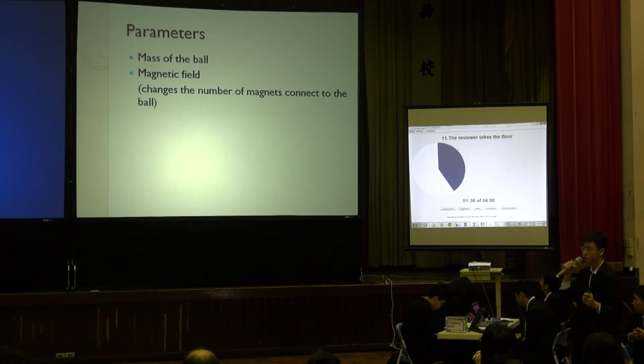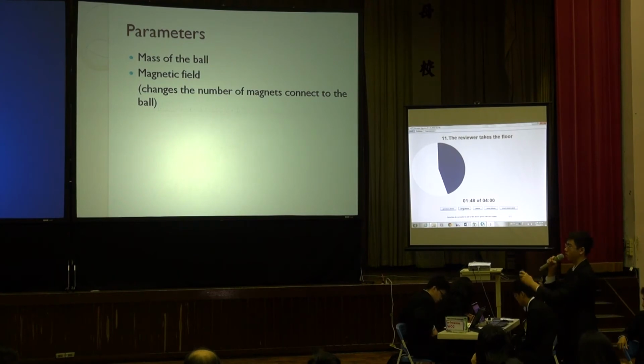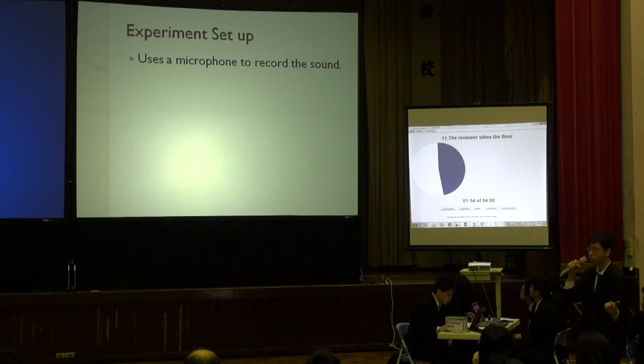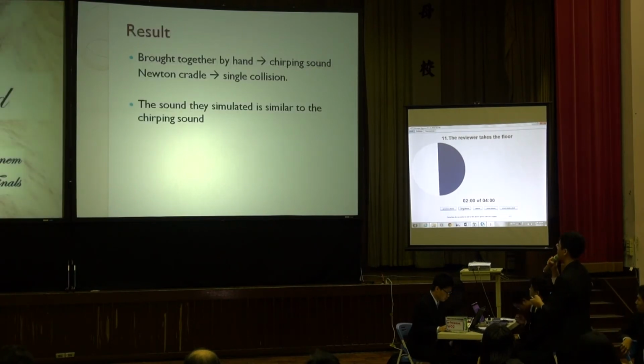And for the parameters, the reporter changes the mass of the ball, and he changes the magnetic field of the magnet, which is the force applied to the steel ball. For the experimental setup, he used a microphone to collect the sound data.